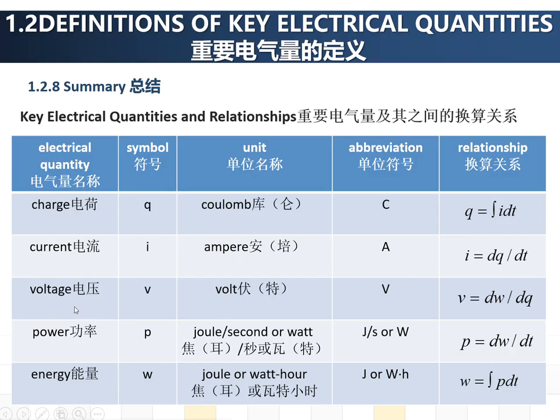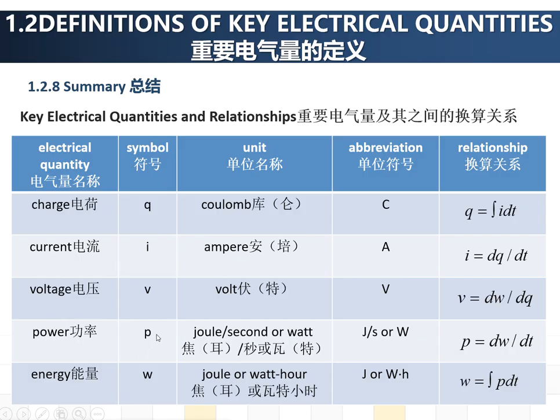Voltage is represented using symbol V. Voltage unit is volt. The abbreviation of voltage is capital V. The voltage is defined as dW divided by dq.